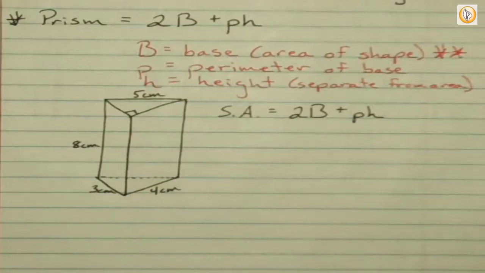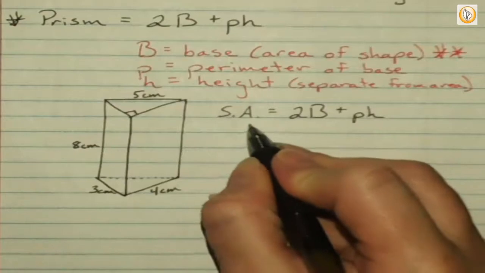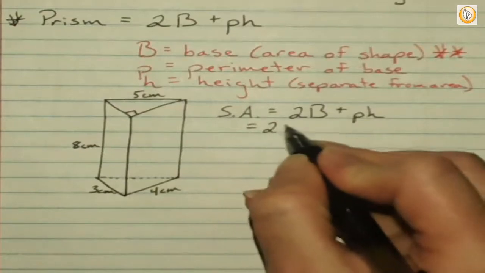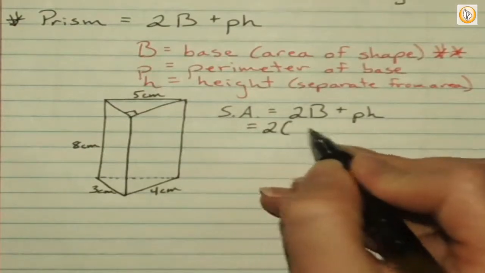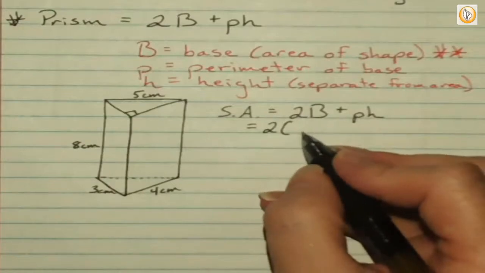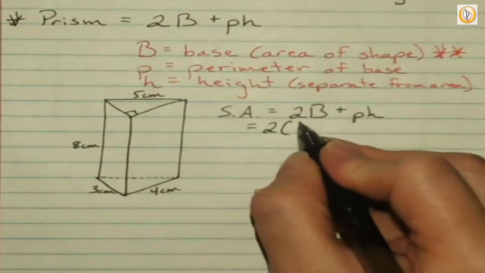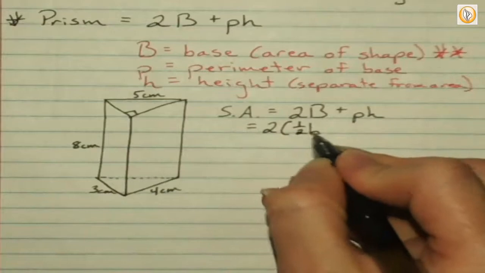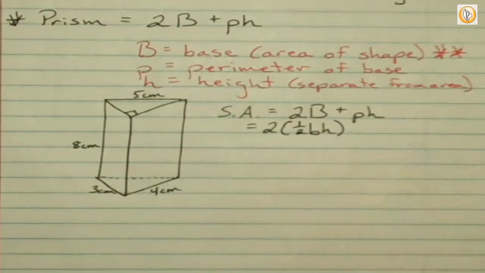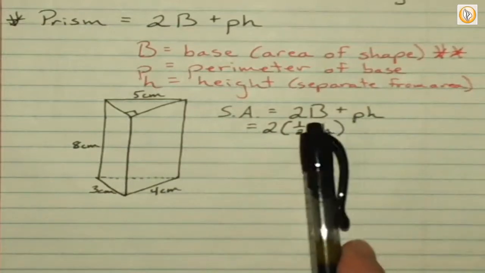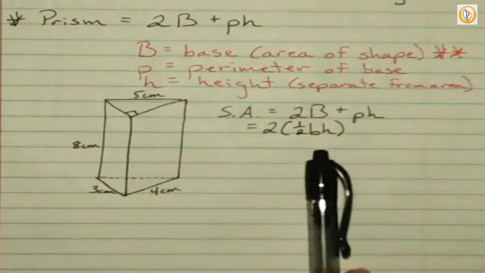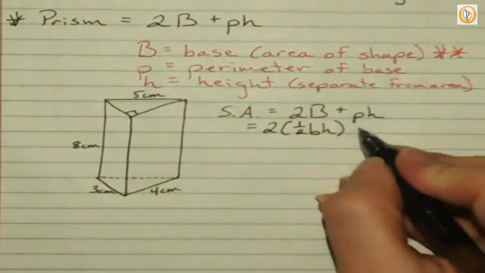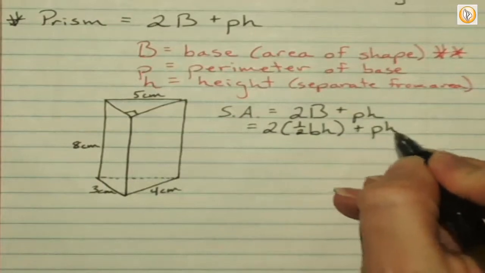It's a triangle. So raise your hand if you remember the formula for the area of a triangle. Michaela? Area equals 1/2 BH. Half BH. So notice I've replaced the big B with the area of a triangle, and then I'm rewriting my formula.